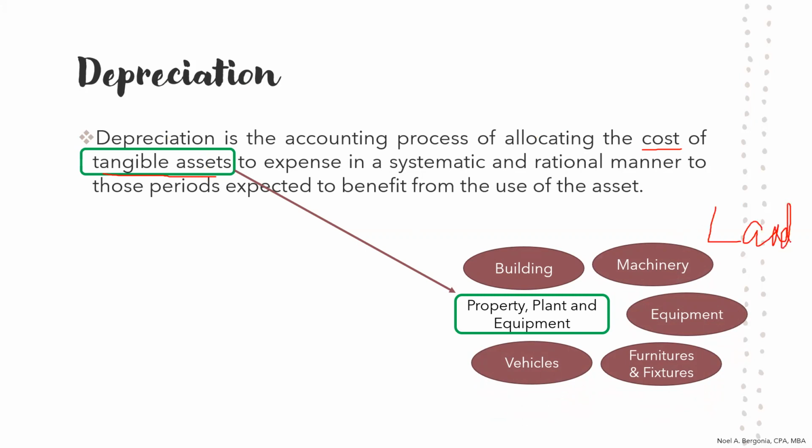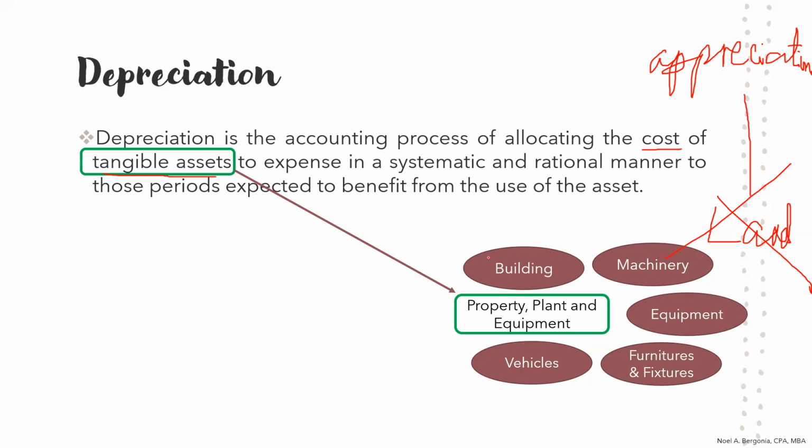Land is not part of this discussion about depreciation. Why? Because land is not subject to depreciation, but rather it is subject to appreciation. Parang love lang, no? But anyway, hindi po kasama dito sa discussion natin yung land. So these are only the assets that are used for a long-term period that are considered as depreciable, except land.